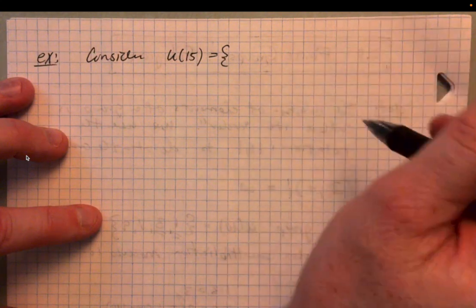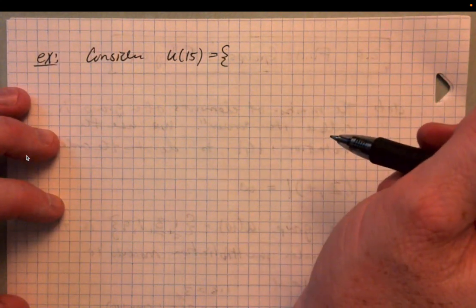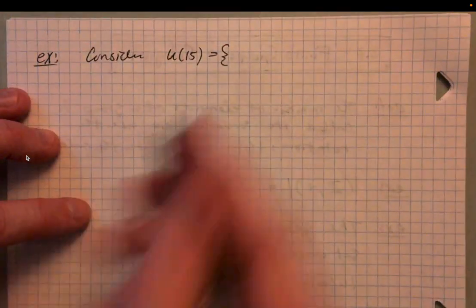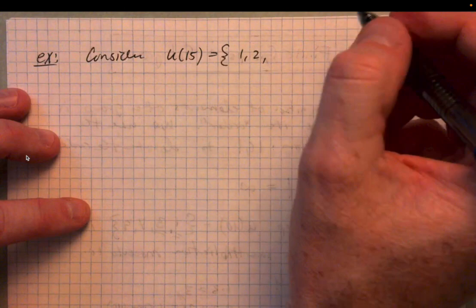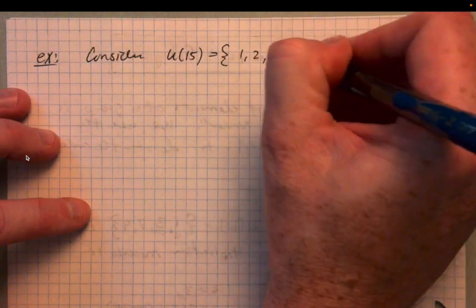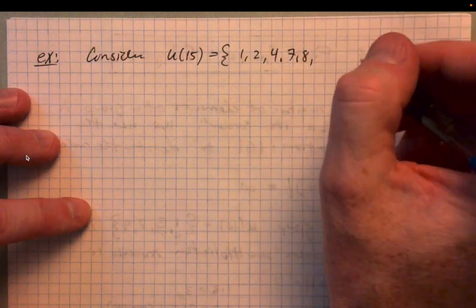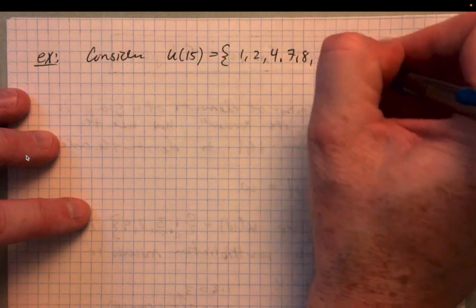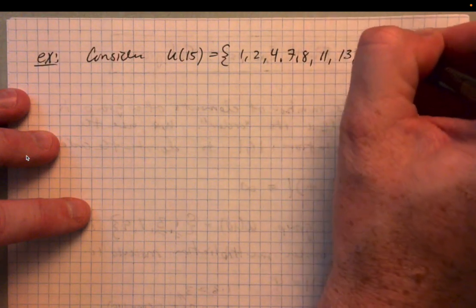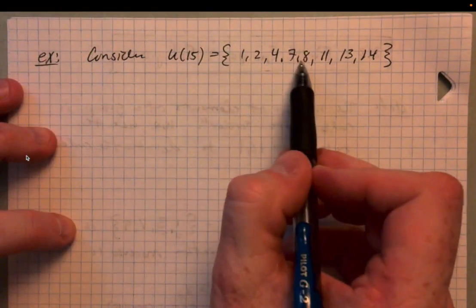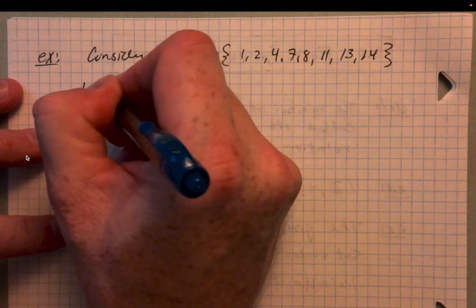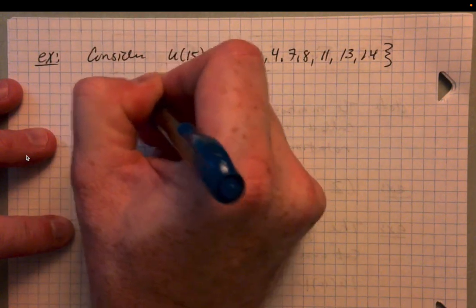Now you could figure out what the elements are just by using modulo 15, but I'll just write them out here and we can sample from this. 1, 2, 4, 7, 8, 11, 13, and 14. Okay, so these are the elements of U15. Right, and so from this you can see that there are 8 elements. So the order of U15 is 8.